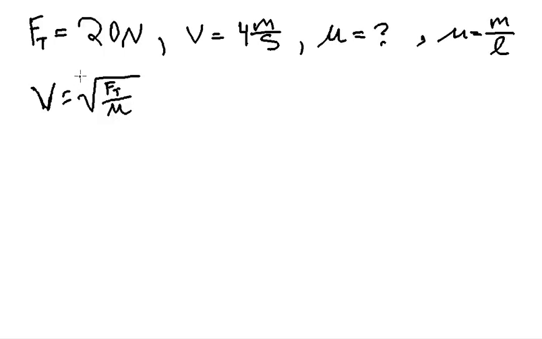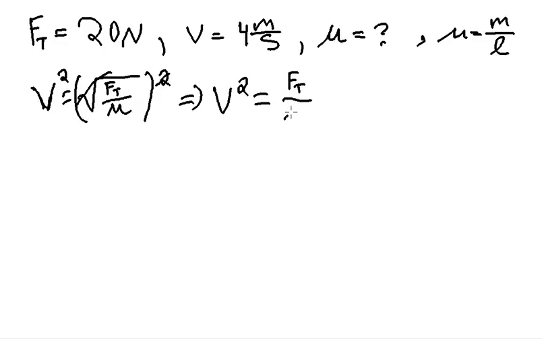First thing we want to do is get rid of this square root sign. The inverse operation of the square root is taking something to the second power, so we have to do that to both sides. That cancels this out. We see that the square of the velocity is equal to the ratio of the force of tension divided by the mass-length ratio.